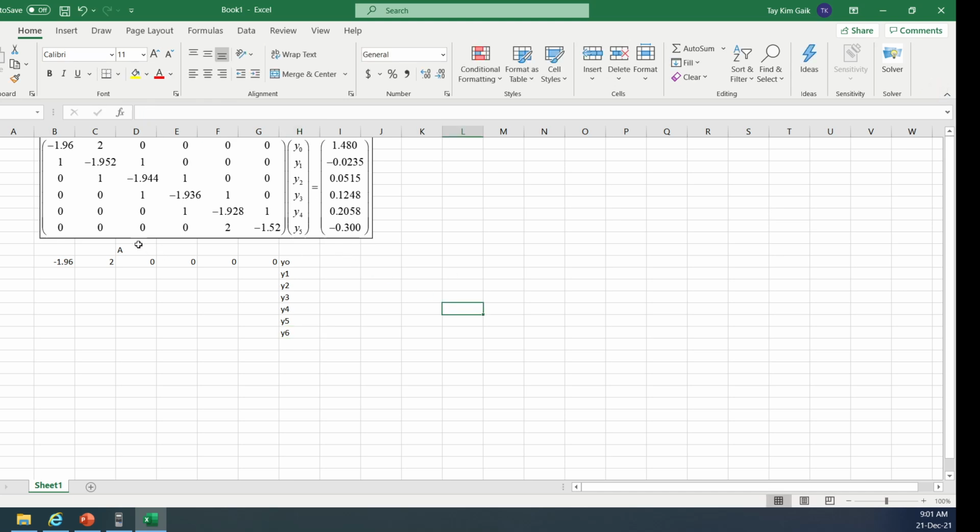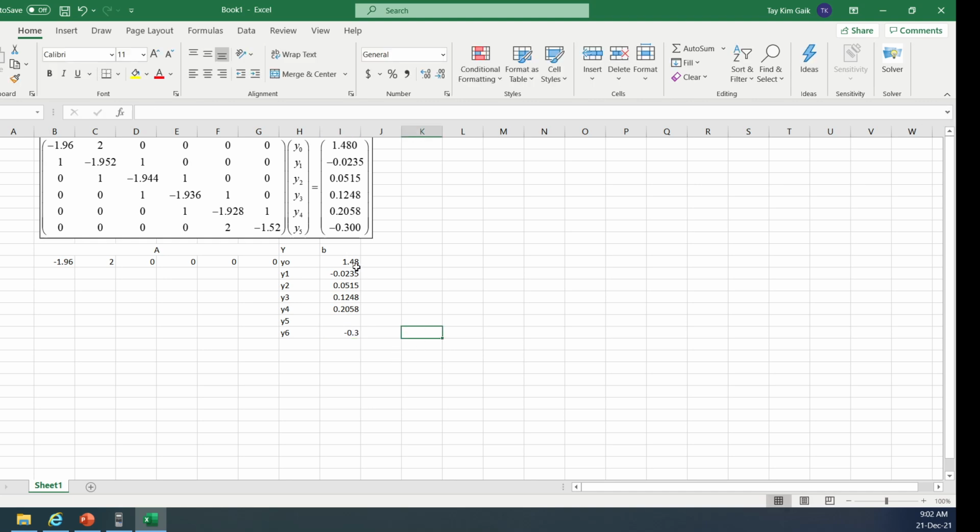So this is matrix A. This is vector y. This is your vector b. So for vector b, you have 1.48, and then negative 0.0235, 0.0515, 0.1248, and then 0.2058, missing one.